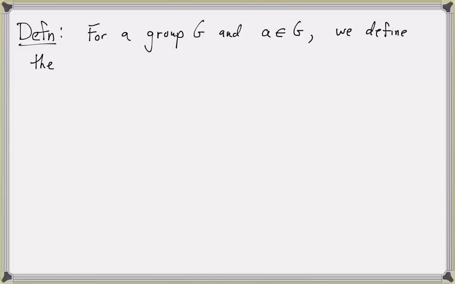For a group G, and an element A in G, we define the order of A, denoted by A with absolute value bars.